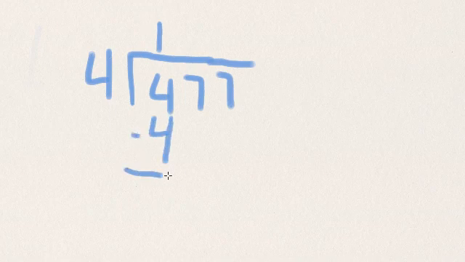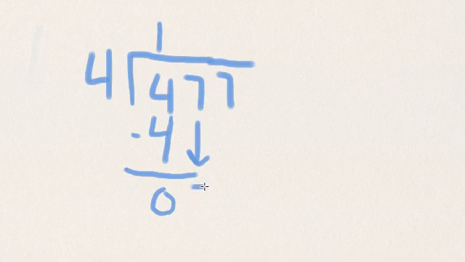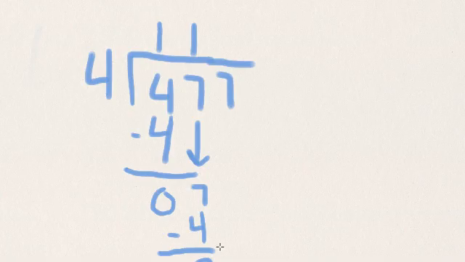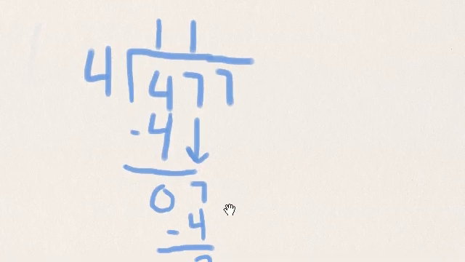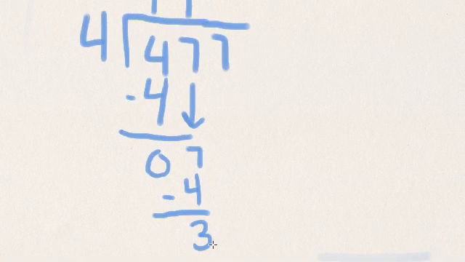We subtract, and 4 minus 4 is 0. We bring down the next number, 7, and we repeat that process all over again. 4 goes into 7 one time, 1 times 4 is 4, and we subtract again to end up with a 3. So you can see that a little bit better.